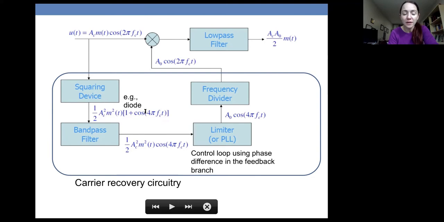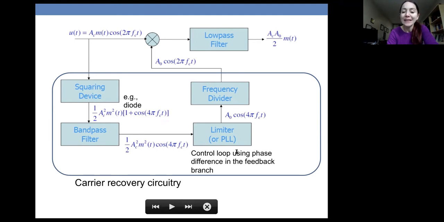What I mean is any third order components, any first order components are eliminated after the squaring device. When we now input this to a bandpass filter centered at 2f_c, we get rid of m²(t), and we are left with m²(t) times cos(4πf_c t).